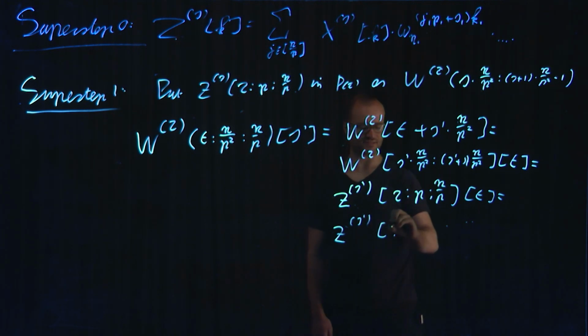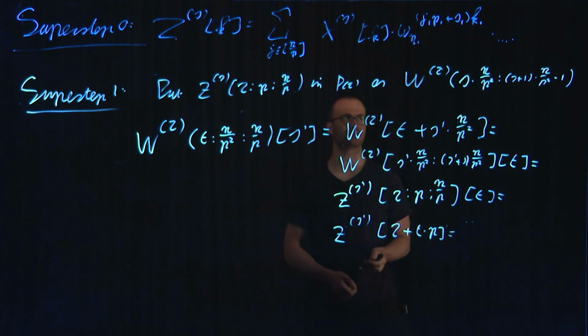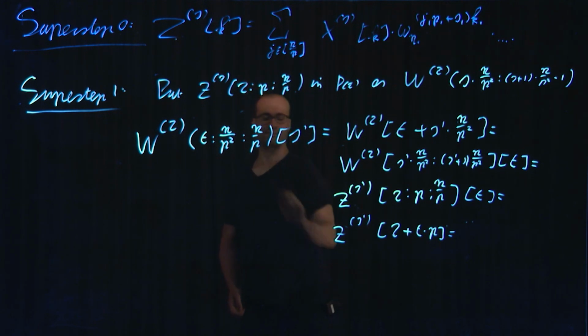And then we start at r and we take t steps of stride p, so r plus t times p. And now we can use our results from superstep 1 to fill in here what this is.